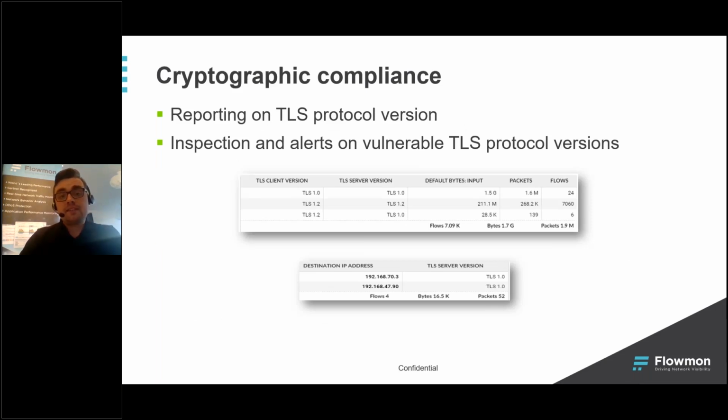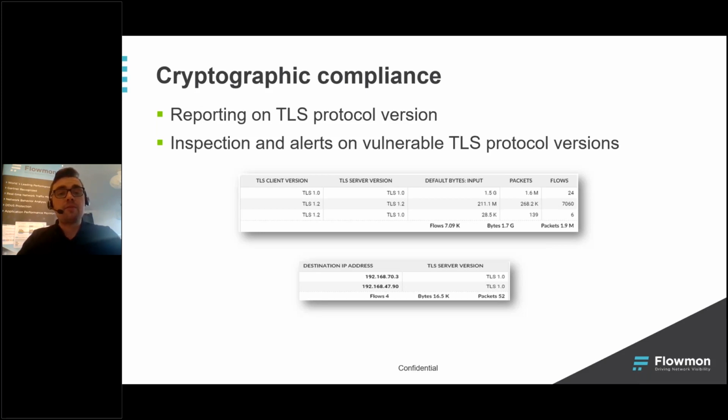Another use case is from the family of TLS visibility and cryptographic compliance, which can be reporting on TLS protocol version or inspection and alerts on vulnerable TLS protocol versions. So all the information is stored on the collector, and you can just filter it out as you need.